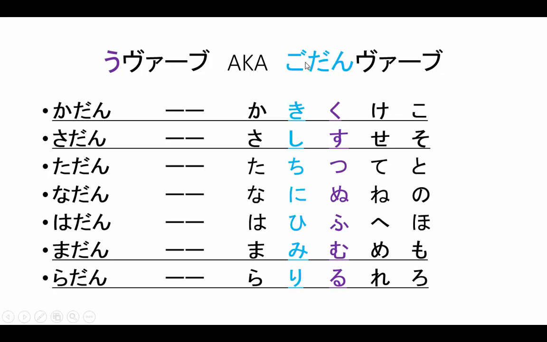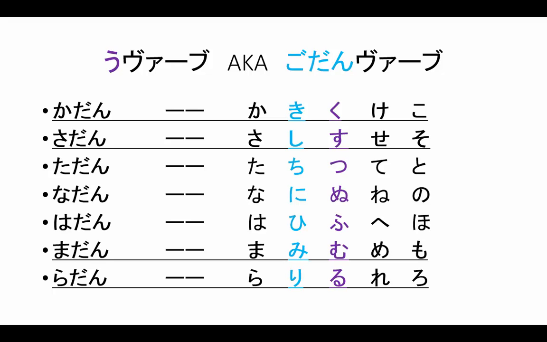Okay, and dan just means levels or rows. This is written the English style way, horizontally, but if you do it the Japanese traditional way, the dan is a vertical line. Ka, ki, ku, ke, ko, done vertically, right? So each consonant group is called a dan in Japanese.